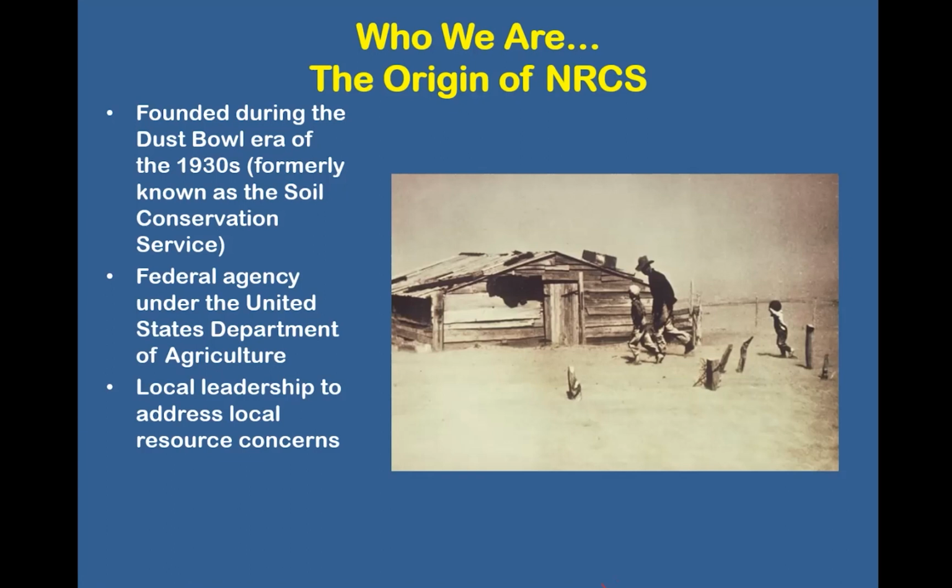That's what makes us pretty unique as an agency: it is local leadership, and we try to work with those different organizations to find out the best approach on what the resource concerns are when it comes to conservation planning.